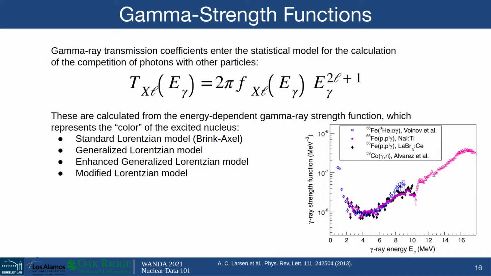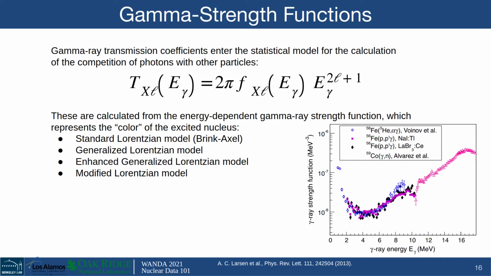Effectively, these models represent the color of the excited nucleus. A number of different models for the gamma-ray strength function exist and are currently implemented in most modern modeling codes. Using the gamma-ray strength function, gamma-ray transmission coefficients may be calculated, which enter the statistical model for the calculation of the competition of photon emission with other particle emissions.